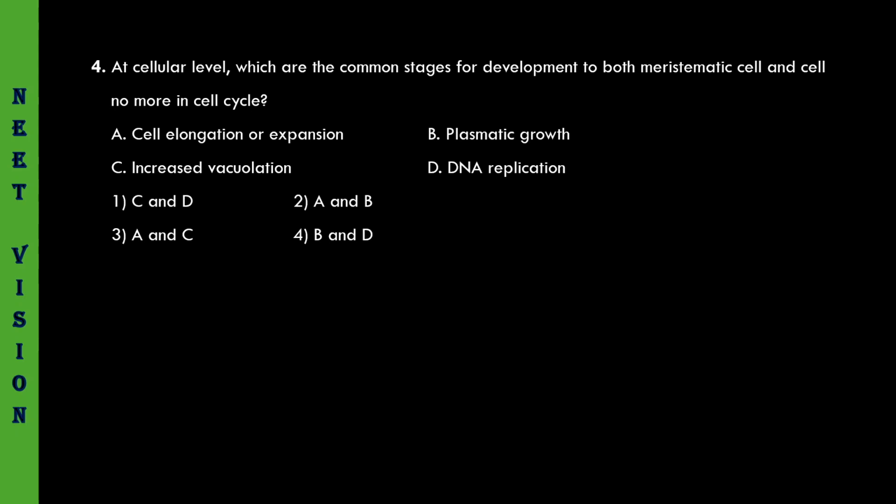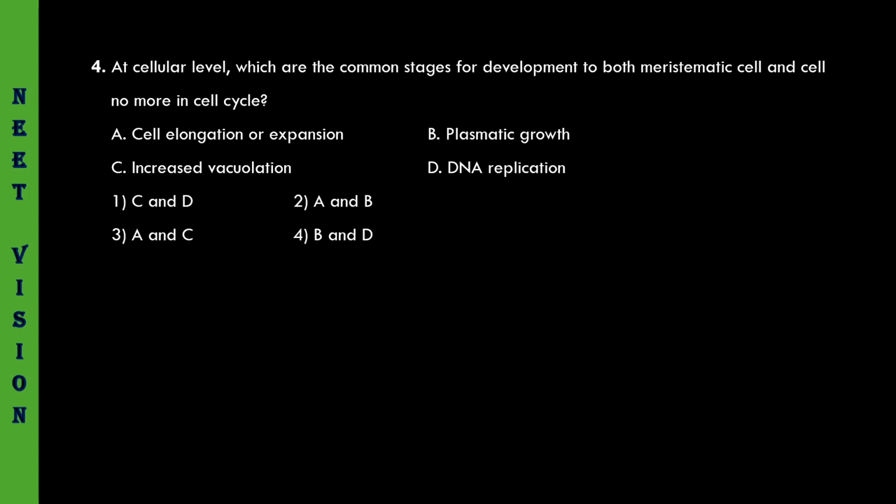At the cellular level, which are the common stages for development to both a meristematic cell and a cell no more in the cell cycle? Common stages for both a meristematic, dividing cell and a cell withdrawn from the cell cycle, that made an exit from the cell cycle. What are the common stages?